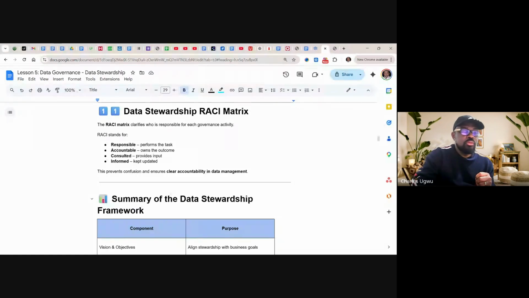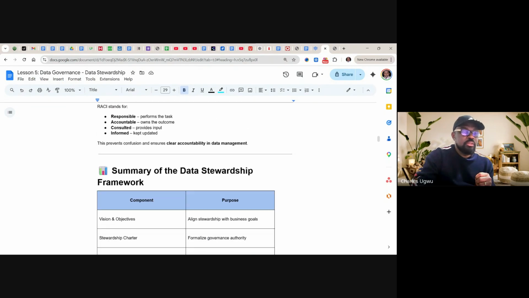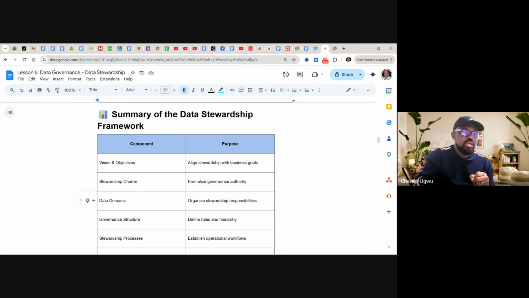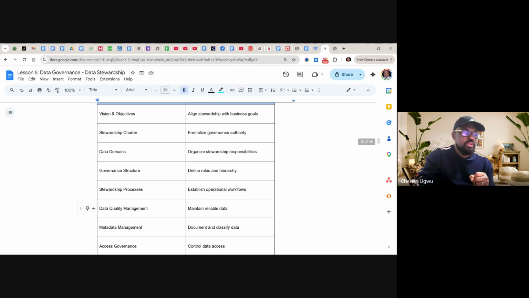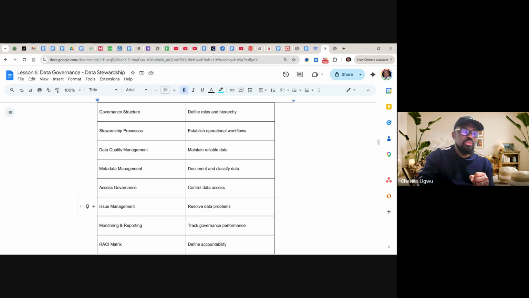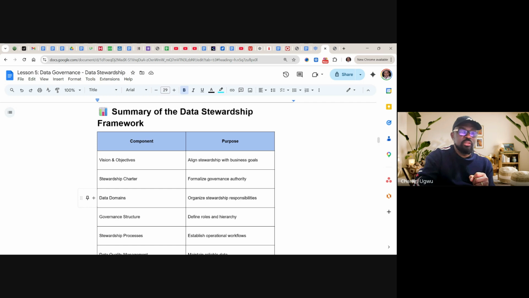So that's it. And the summary table of a data stewardship framework, you see it here. If you have it like this, it already helps you to know what to do. Each component is telling you the purpose of that component, and that's what we just concluded now.